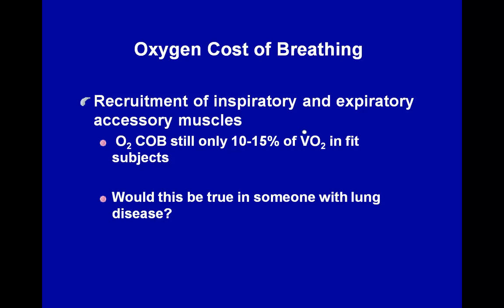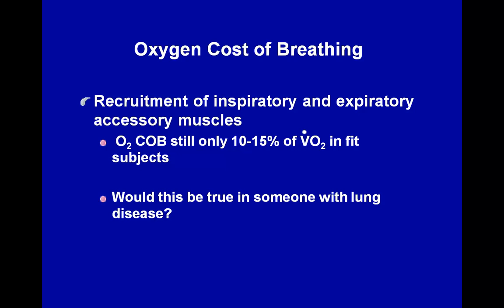But if somebody has got stiff lungs, low compliance, high elastance, or they've got airway obstruction with high airway resistance, limited flow rates, this is not going to be true for somebody with lung disease. Their muscles of ventilation are going to consume a much larger percentage of the maximum oxygen consumption that they can generate.